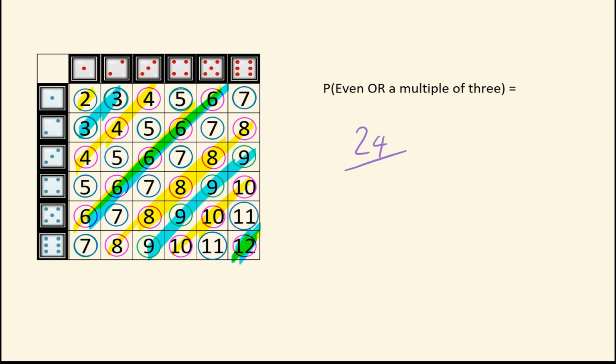The possible number of options is the number of numbers in this grid, and because it's a 6 by 6 grid, it's going to be 24 out of 36. That is the probability of getting an even or multiple of 3. Again, you can simplify this down, but you don't have to. I would simplify this down to 2/3 if you do want to.